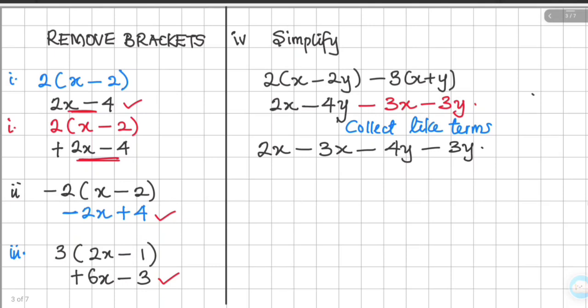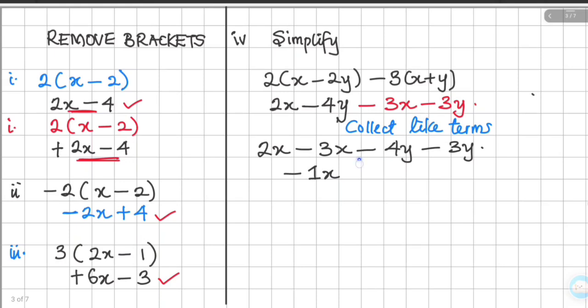Now let's perform this simple addition and subtraction of numbers. Let us not stress ourselves. Take a look at the coefficients here: 2 and negative 3. It's as if we are saying 2 minus 3, and we all know 2 minus 3 is negative 1. So 2x minus 3x gives negative 1x, or negative x.